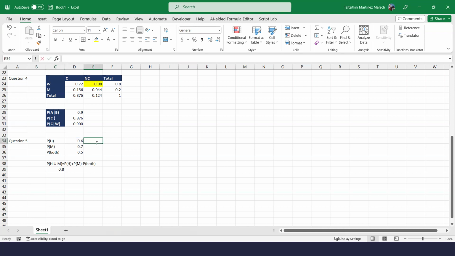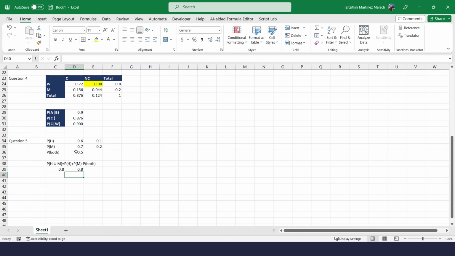Another way to do it is the probability of history minus both, the probability of math minus the intersect, plus what both have. If we add 0.1 plus 0.2 plus 0.5, it gives us the same answer. It depends on how you look at it.